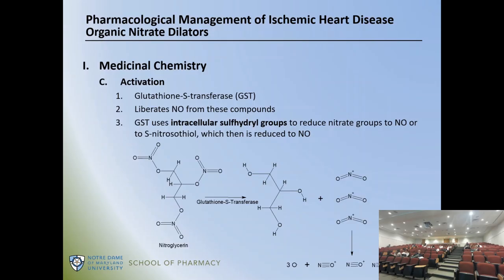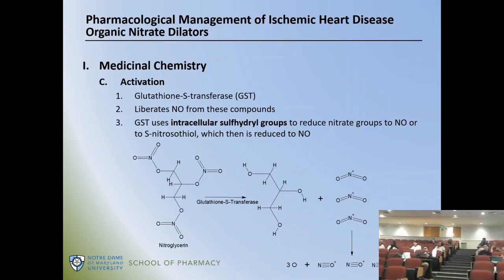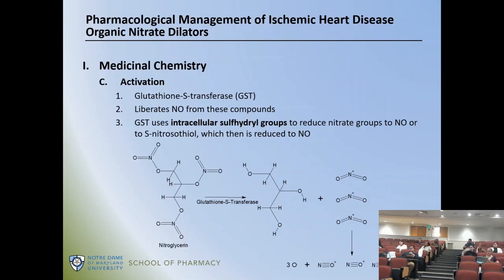utilizes sulfhydryl groups that are found on different organic molecules inside of cells to catalyze this first reaction here. And there is a phenomenon where patients become resistant over time to the effects of the nitrate vasodilators, especially if they're given, in the emergency room, maybe IV, or over a long period of time.